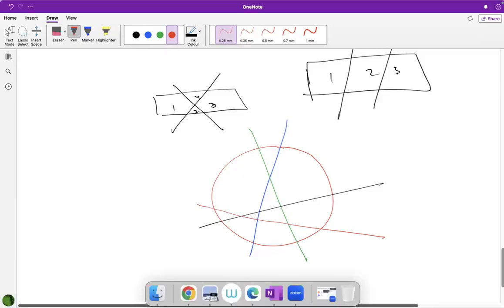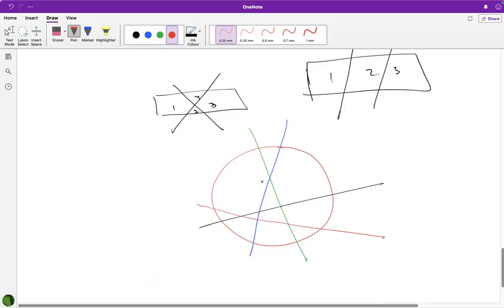So every successive cut is intersecting the previous cuts. Now we count them. This is 1, 11 parts.